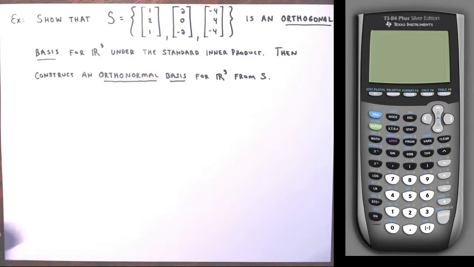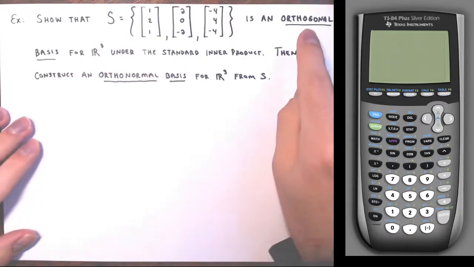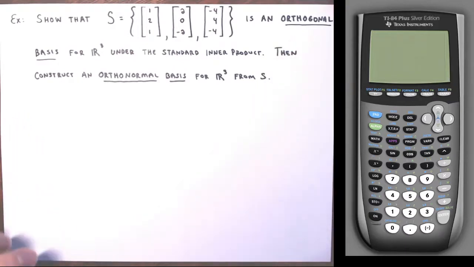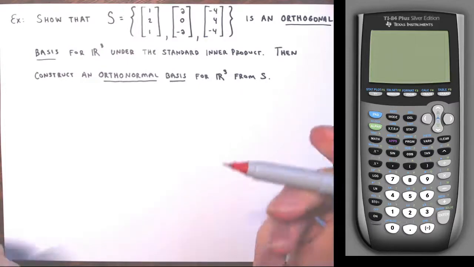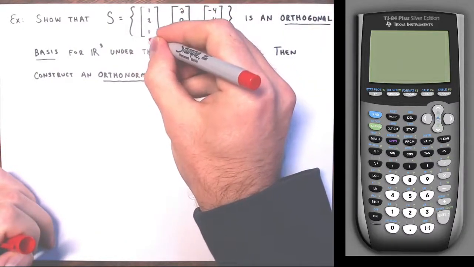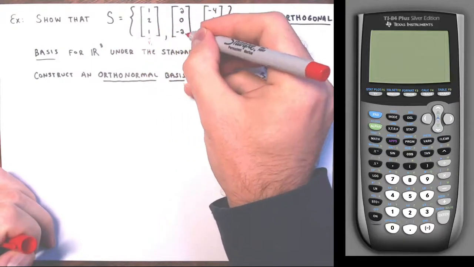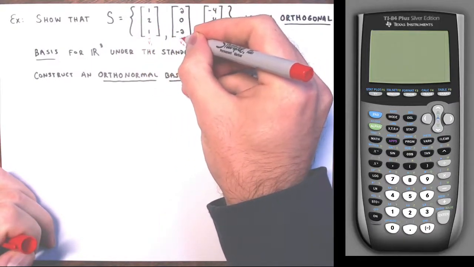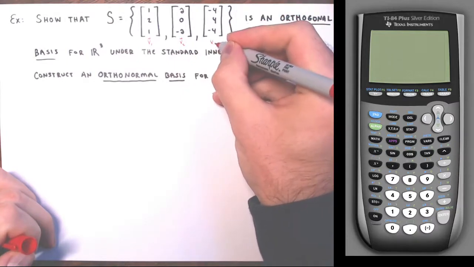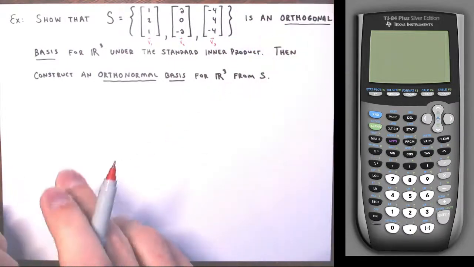First I'll show that it's an orthogonal set. I'm going to call these vectors in my set v1 through v3. So (1, 2, 1) is v1, (2, 0, -2) is v2, and (-4, 4, -4) is v3.